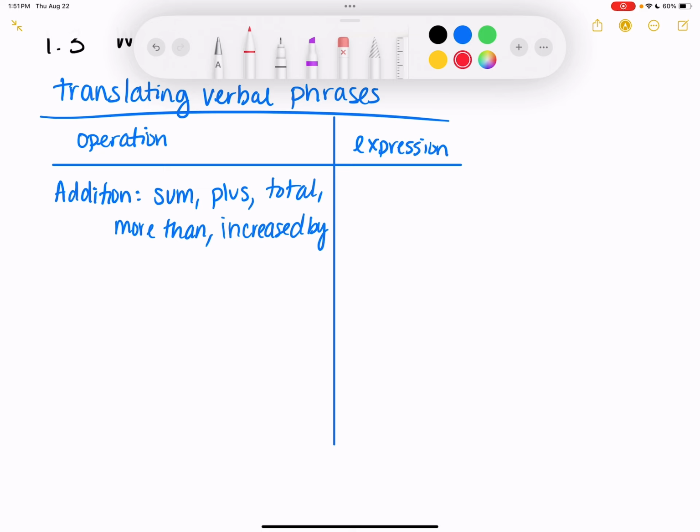And so the way that that's going to end up looking is if it says something like a number x plus 10, we would write that as x plus 10 like that.